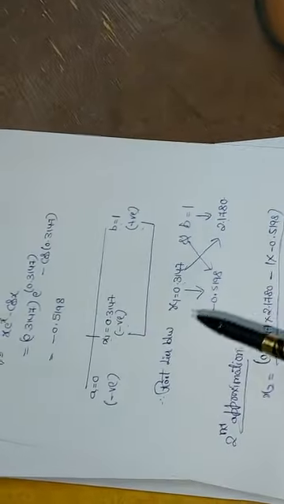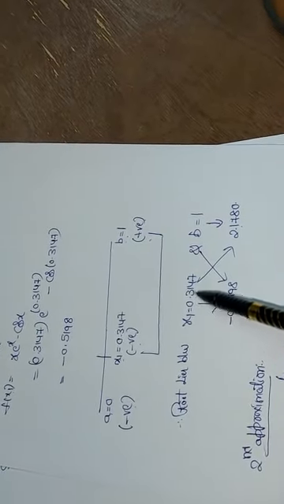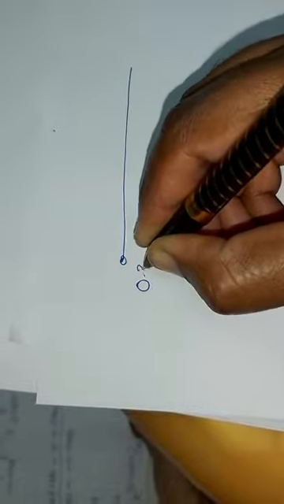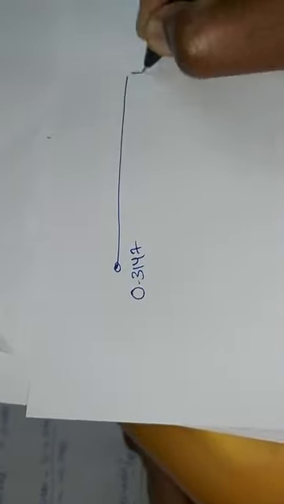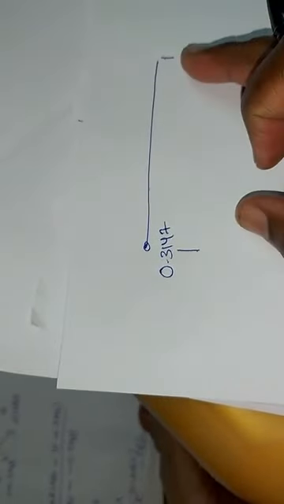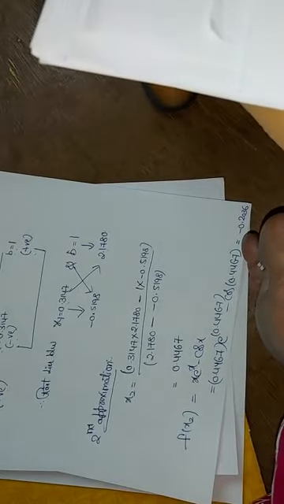Clearly, in the first approximation we decided the root lies between 0.3147 and 1. So now take the line 0.3147 and 1, and in between we can calculate the value at 0.4467.